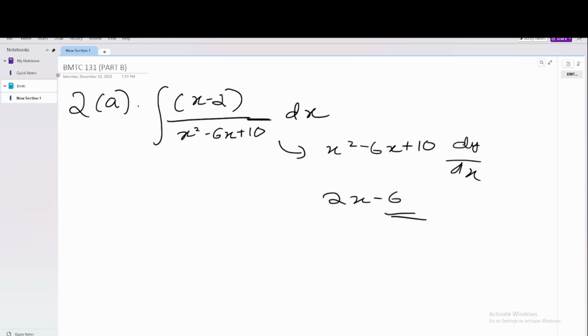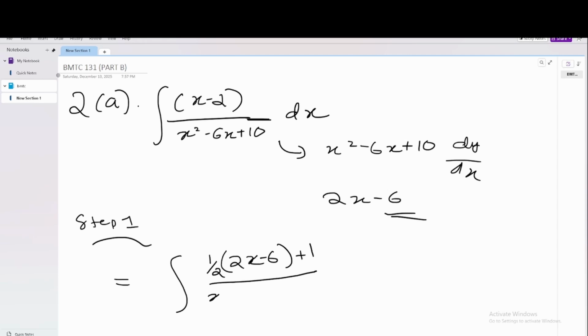So we have to write step 1: the numerator according to 2x minus 6. So half will be outside, (2x minus 6 plus 1), otherwise it will be x minus 3 divided by x square minus 6x plus 10 into dx.